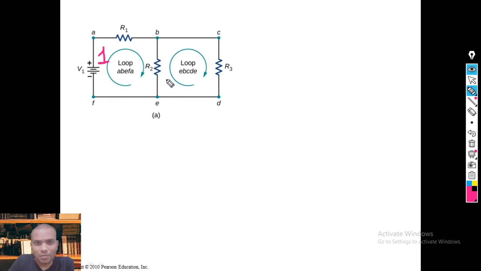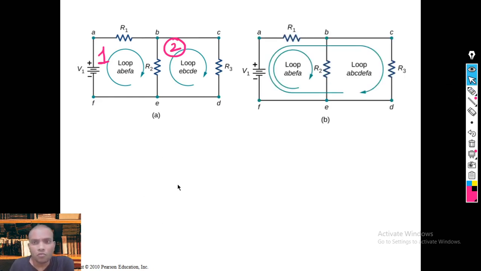And for the second loop, going again in clockwise direction, loop E, B, C, D, E. So this is my second loop. Or we may consider a loop like this also.